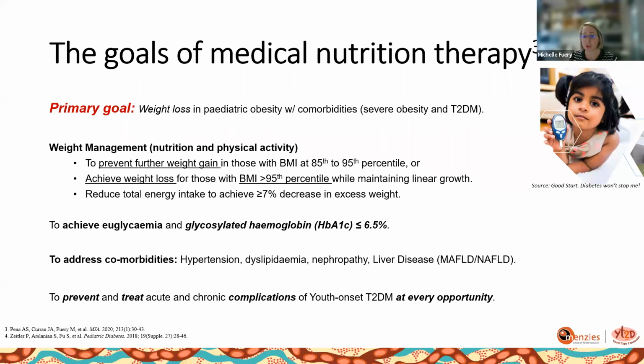We also aim to achieve euglycemia and glycosylated hemoglobin at less than or equal to 6.5% to address comorbidities such as hypertension, dyslipidemia, nephropathy, liver disease, and to prevent and treat acute and chronic complications of youth-onset type 2 at every opportunity.